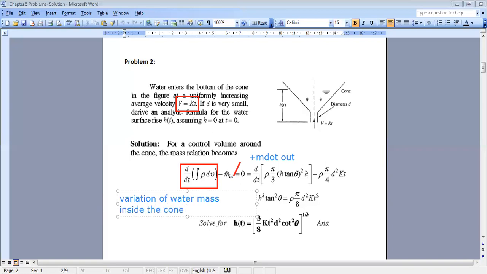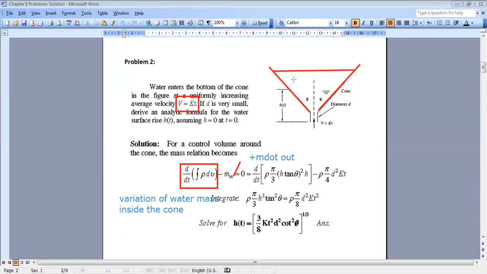Doctor, why is m dot out zero here? Because there is no water going out. Yes, exactly, there is no outlet. If you expand a little bit, this is your cone, and you don't have any outlet. Of course, if you keep filling it until it is full, the water will start spilling outside. But here we consider that we have a very large height, and we are filling the cone.